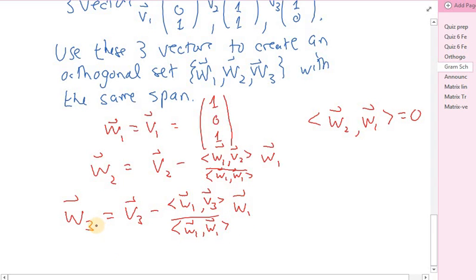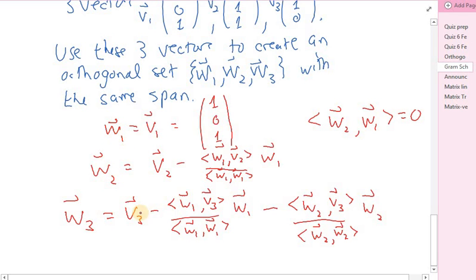But that doesn't make W3 orthogonal to W2. Now, it turns out that all I need to do is apply the Gram-Schmidt for W1 and the Gram-Schmidt for W2. And you can show that W3 is orthogonal both to W1 and to W2.